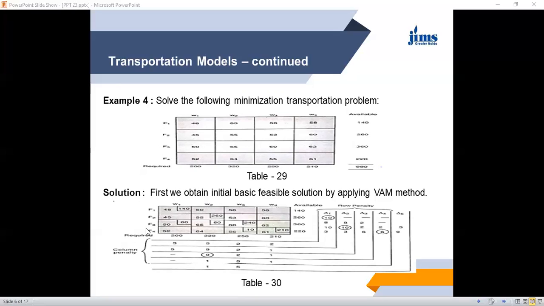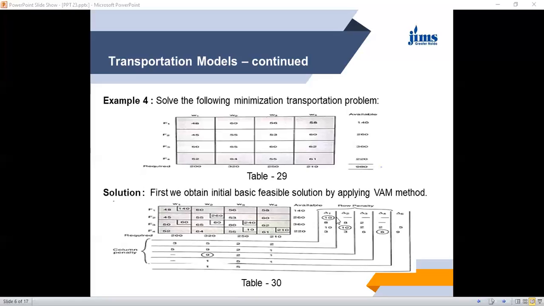Second row, it is 45 and 53. So the difference is 8. Third row, 50 and 60. So the difference is 10. Fourth row, the difference is between 61 and 64.